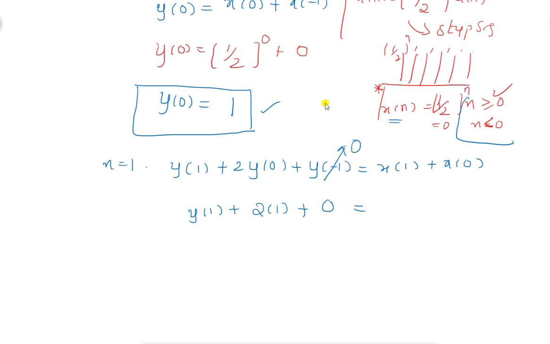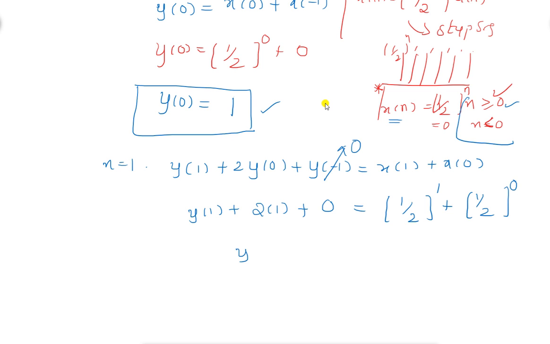So here n is greater than or equal to 0. When n is equal to 1, 1 is greater than or equal to 0, so we write 1 by 2 whole to the power of 1 plus x of 0. Again, it satisfies the condition, so 1 by 2 whole to the power of 0.